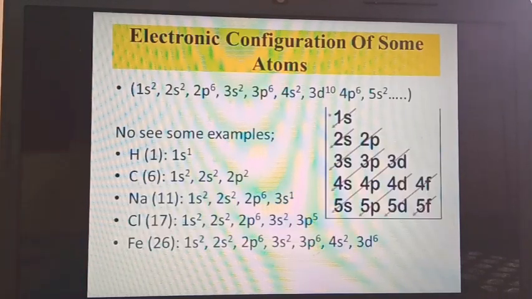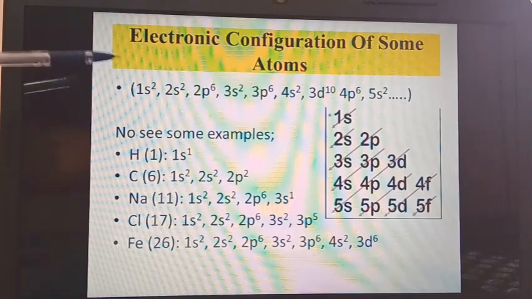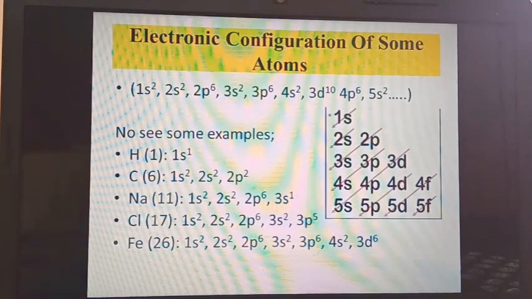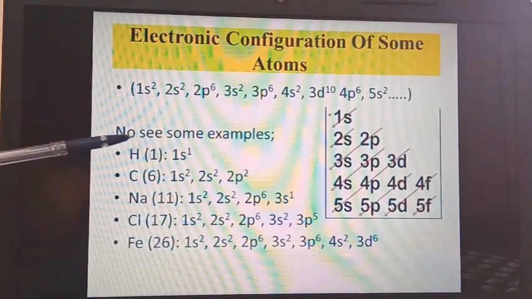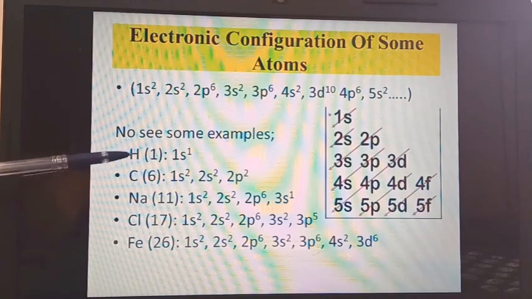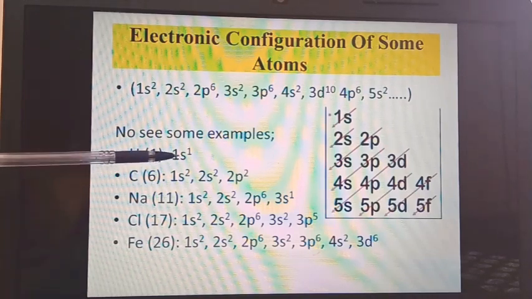I have given the electronic configuration of some atoms here. This one is a general series which is used for reference. Let us see some examples of electron configuration. Hydrogen has only one electron, that's why its electron configuration is 1s1.